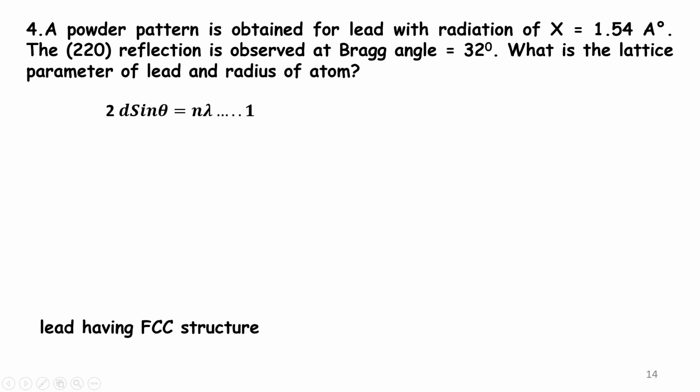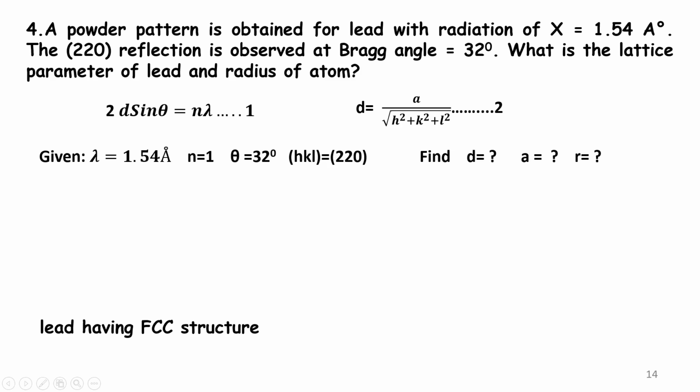So we need three formulas. The first one is the Bragg's diffraction condition and the second one is the interplanar distance. Now the given things are here: lambda, the wavelength of the X-ray radiation, is given and it is equal to 1.54 angstrom unit.